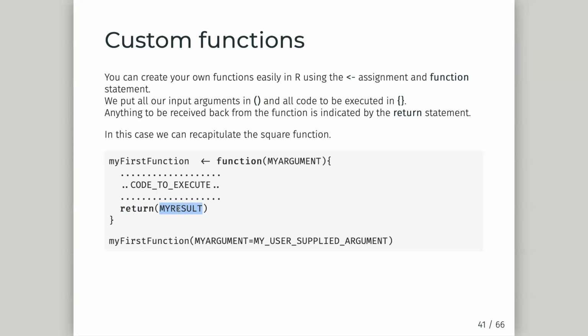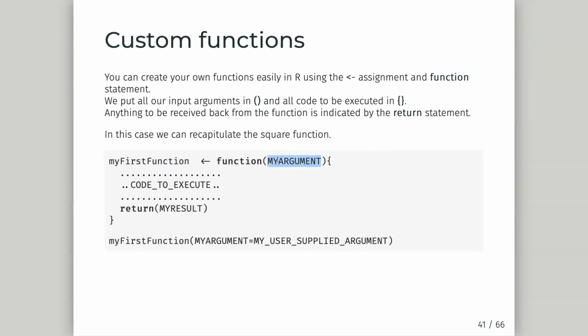This is what will be passed back to you as the end result of calling the function. Like when we do mean, it passes back a value, which is the mean. And here we have the function. This is us building the function, and we're going to create a function called myFirstFunction. We're going to give it the arguments which we want to pass it.